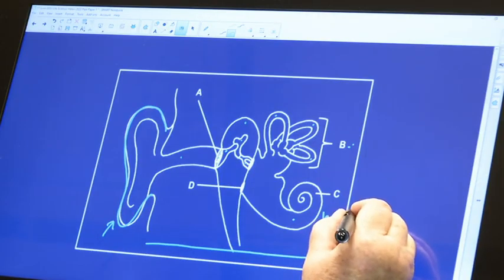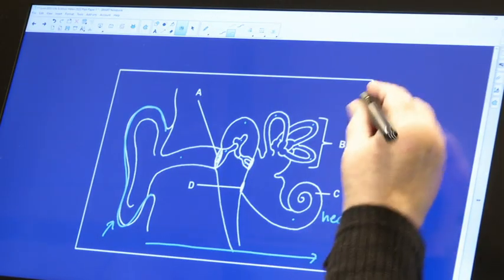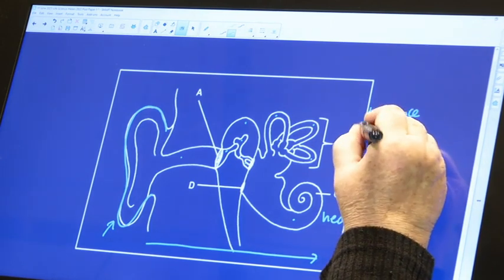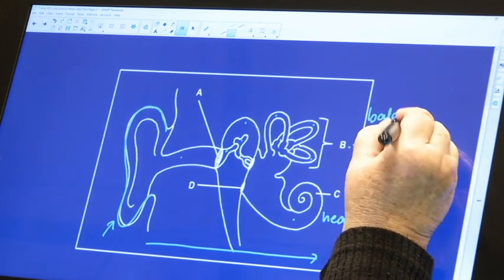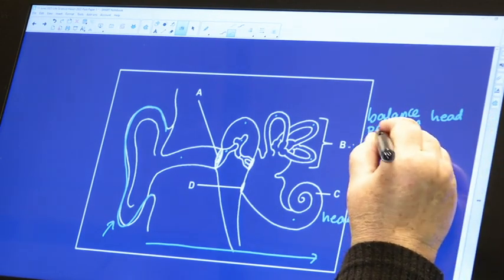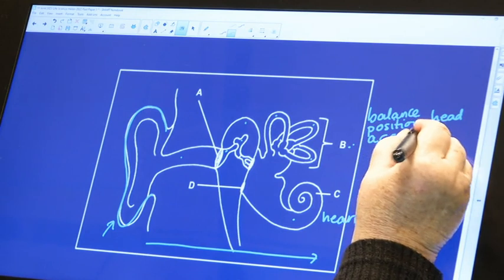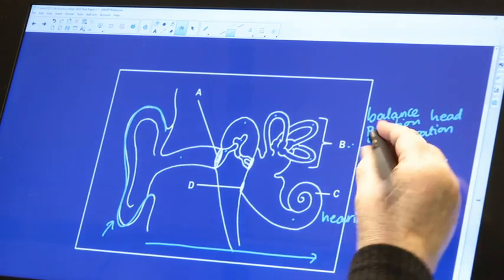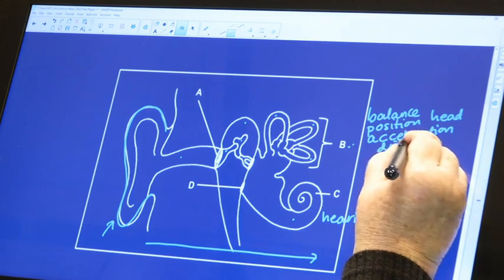But now, learning about the ear, we know that there are more than one functions. There's the function of hearing, and then there's the function related to balance and the position of our head in 3D space, and things like acceleration, how fast we're suddenly moving in a particular direction.